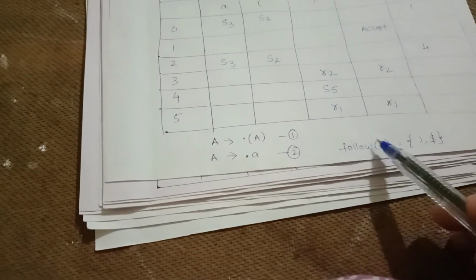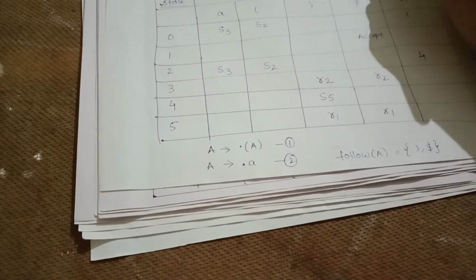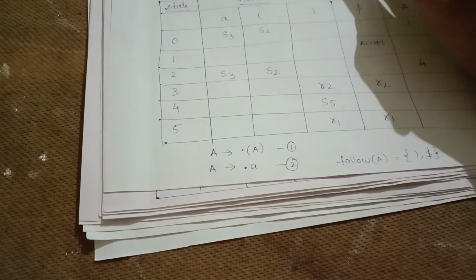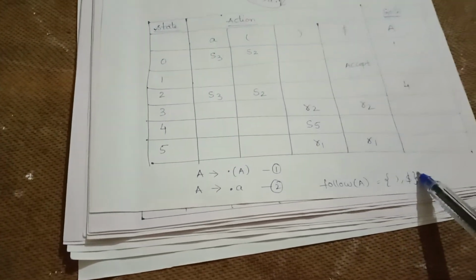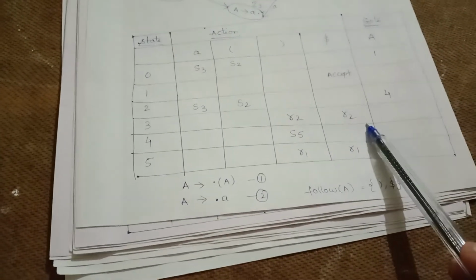So follow of A is what? Follow of A is right parenthesis, and A is the starting symbol, so dollar also comes under follow. So follow of A is nothing but right parenthesis and dollar. So in place of right parenthesis and dollar you need to place R2.